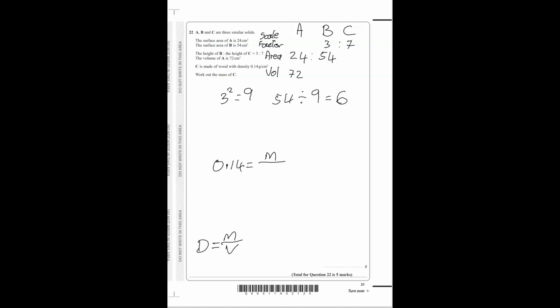So now I'm going to do 24 divided by 6, which is 4. Square root of 4 is 2. Right, okay, so now I've got the scale factors 2 to 3 to 7.